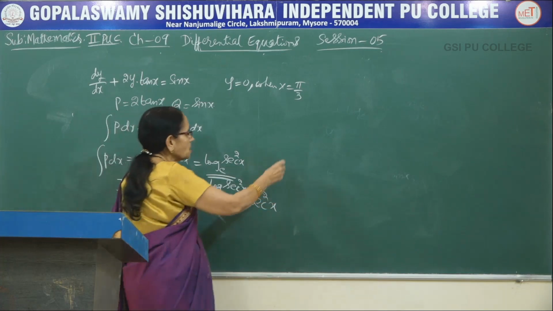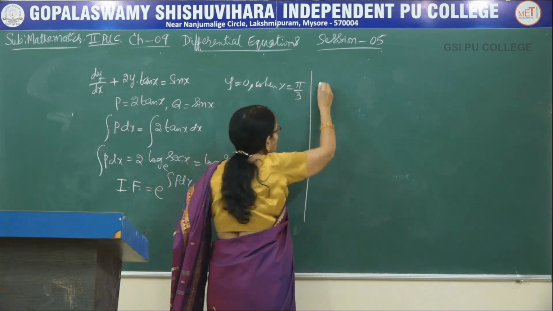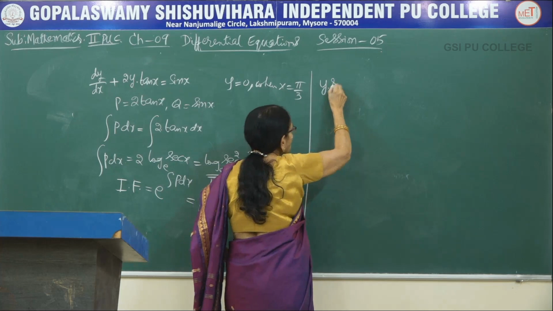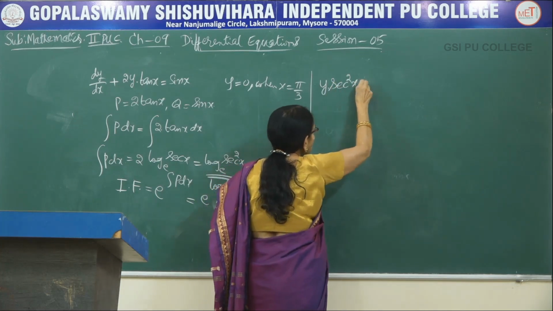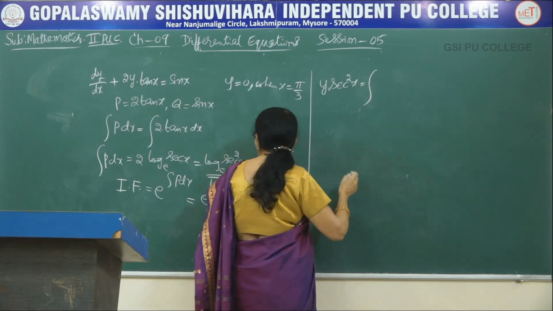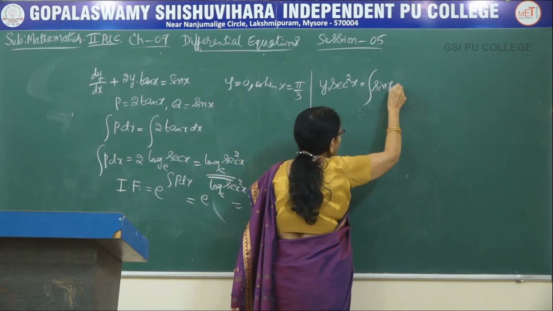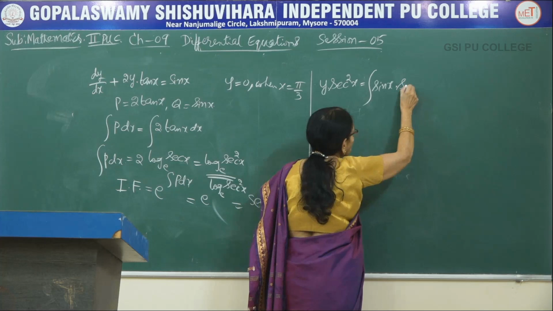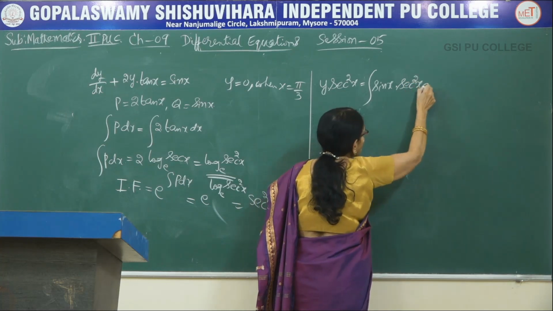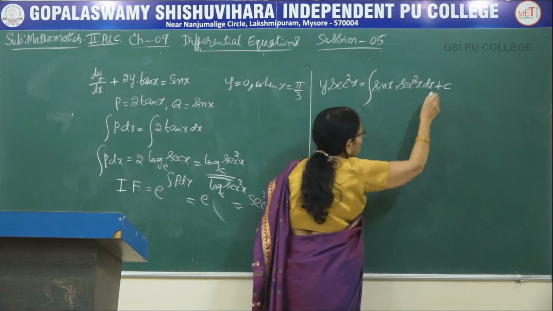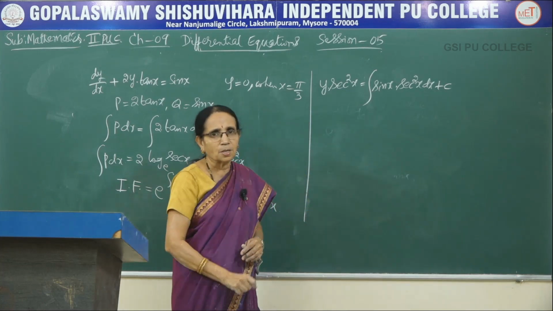Now let me consider the solution. So y into secant square x, that is the integrating factor, is equal to integral of q. What is q here? In this equation, sin x into secant square x into dx plus the constant of integration.